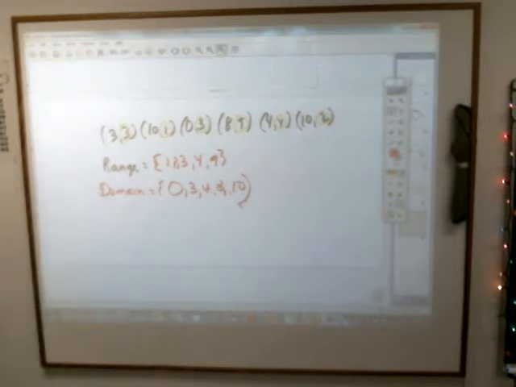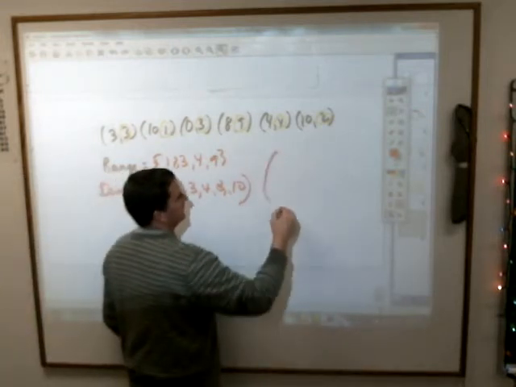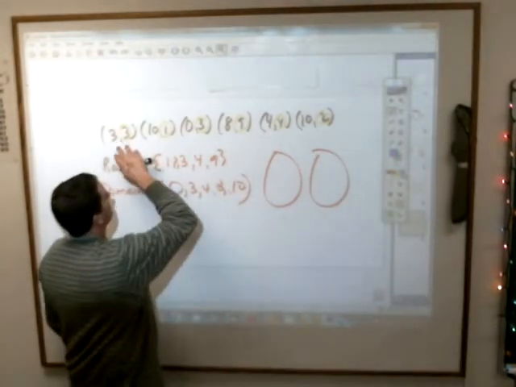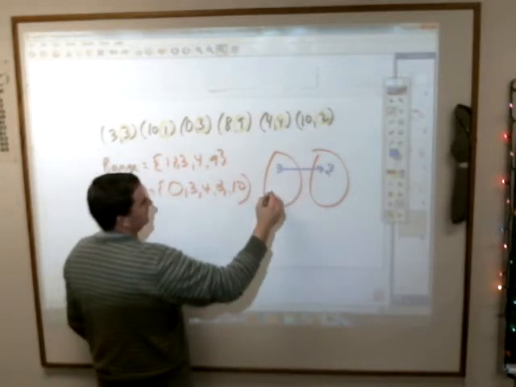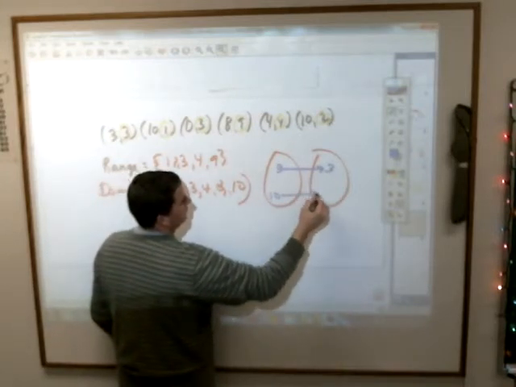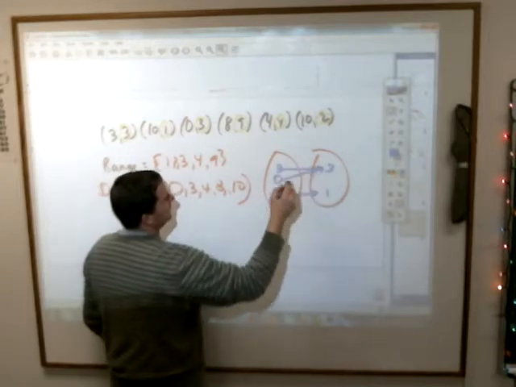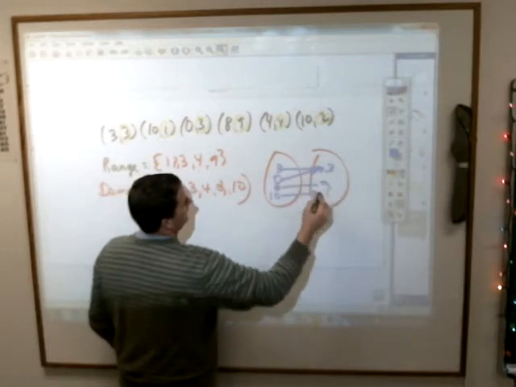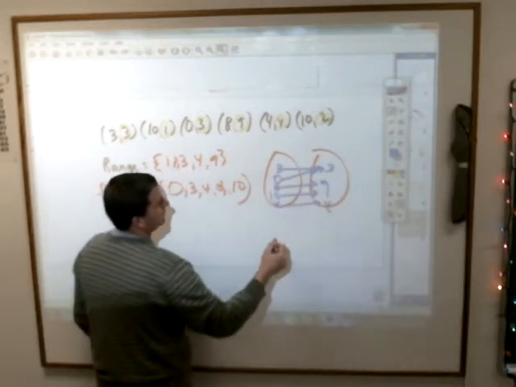Now, if I asked you if this was a function, you may or may not be able to do this without mapping it, but let's map it just for fun. Is it a function, yes or no? Well, let's look. 3 goes to 3. 10 goes to 1. 0 goes to 3. 8 goes to 9. 4 goes to 4.